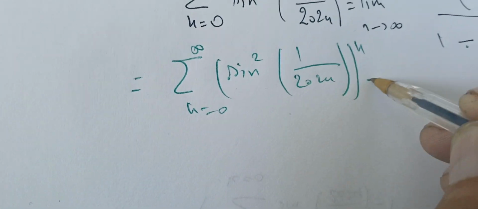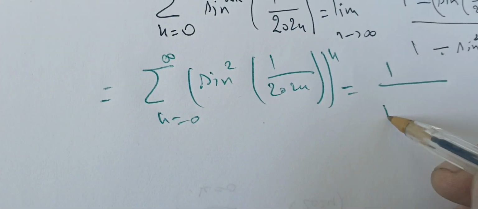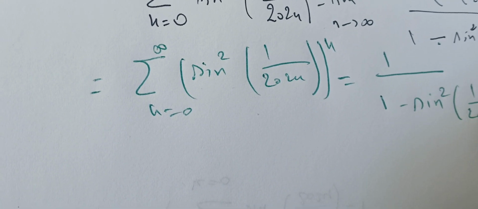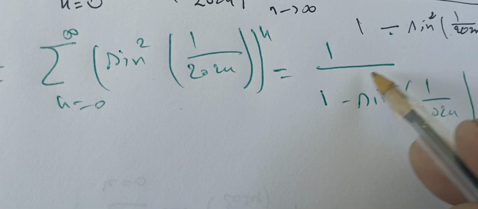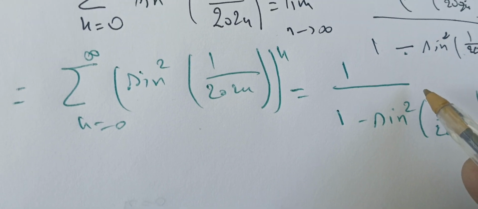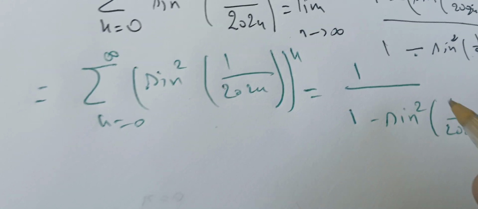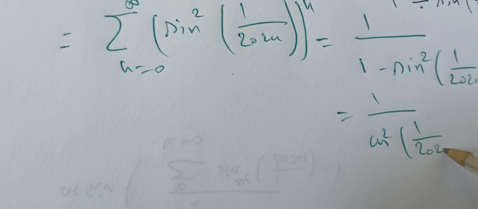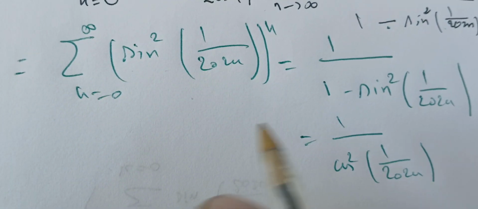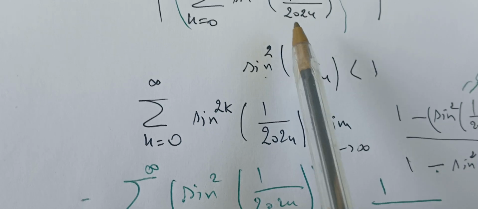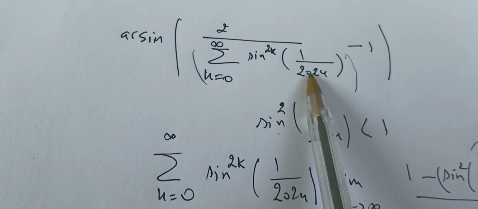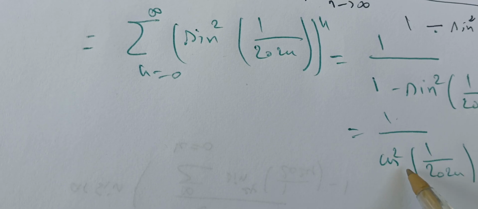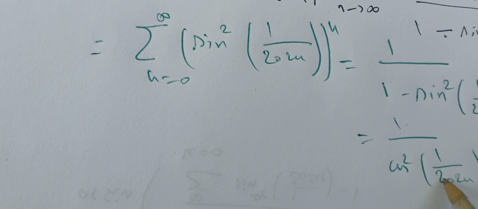This one here will be 1 over 1 minus sine squared of 1 over 2024, but this one is going to be 1 over the cosine squared of 1 over 2024. So the sum of this series is 1 over cosine squared of 1 over 2024.